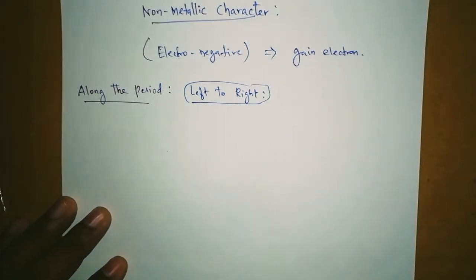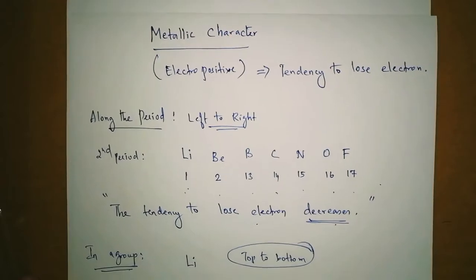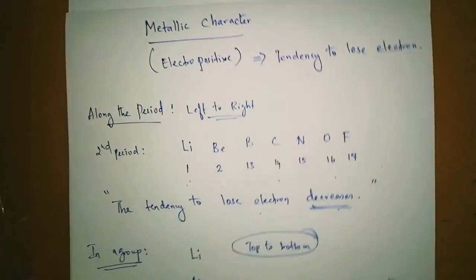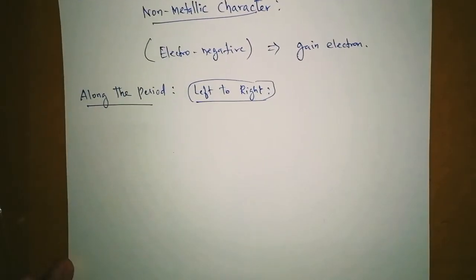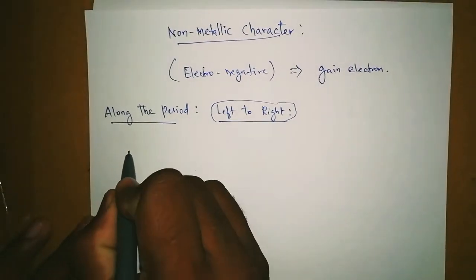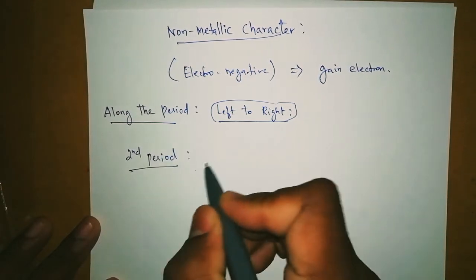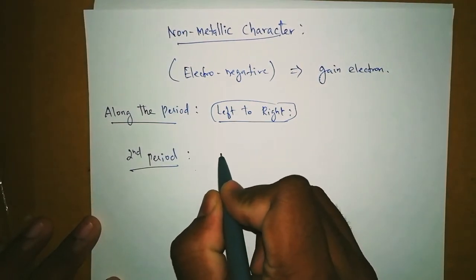As we saw in metallic character, here the same second period I am going to take and let's see how they behave. You can also take a copy and write along with me.